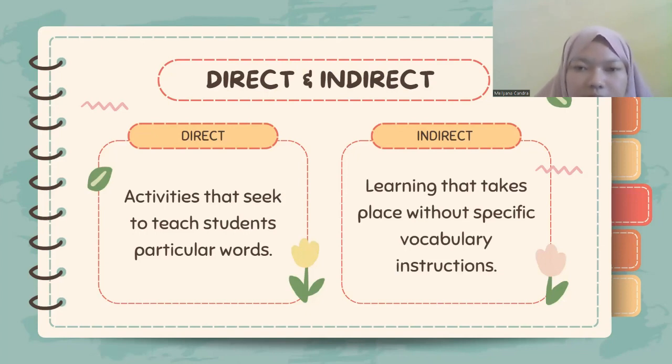Indirect learning takes place without specific vocabulary instruction. It's learning that is a byproduct of engaging in other activities, such as reading or listening, and depends upon the frequency with which learners encounter words.